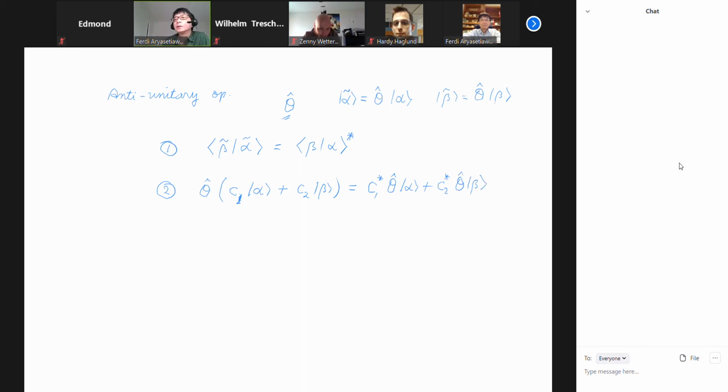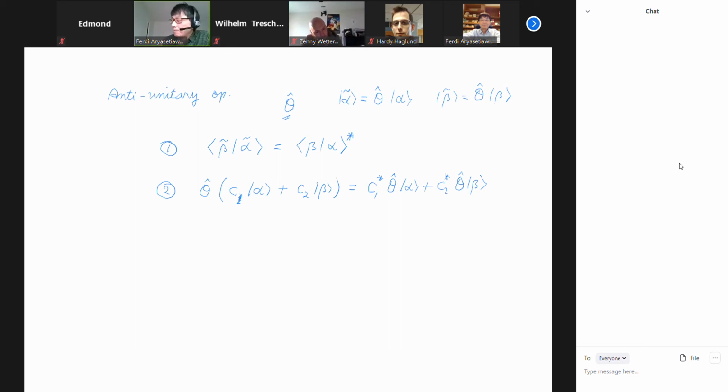In other words, the anti-unitary operator affects complex numbers; unlike a unitary operator, it turns the complex number into its complex conjugate.